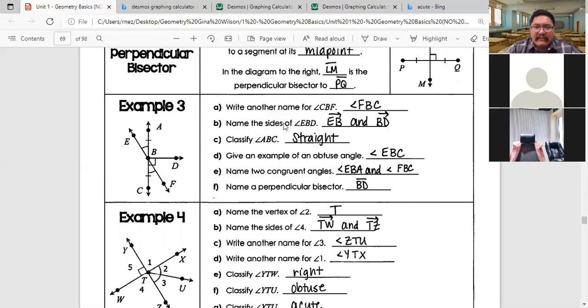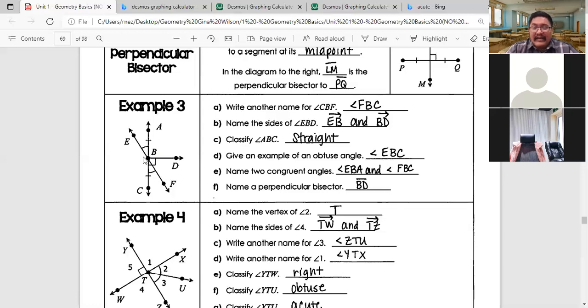All right, next one here. Name the sides of EBD. So this one's actually got 2 angles in it. And if we name the sides, we have EB, which is here, and then BD. And again, we mark it with a ray, so it only has 1 arrowhead because it starts from B and then continues on forever in this direction, and then again in that direction.